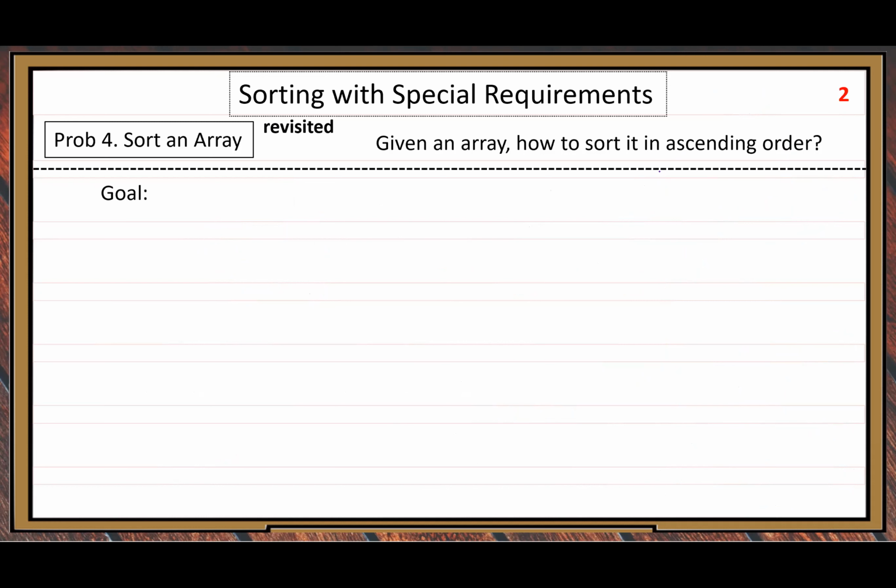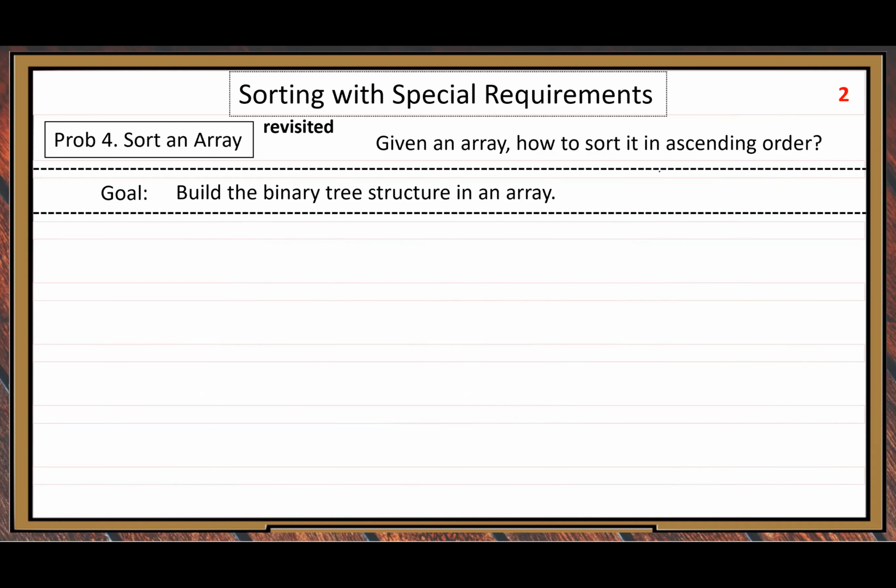Next, our goal, we want to build the binary tree structure in an array. Some of you may ask, what do you mean? A binary tree structure in an array, right? Array is an array. How can you connect to a binary tree?